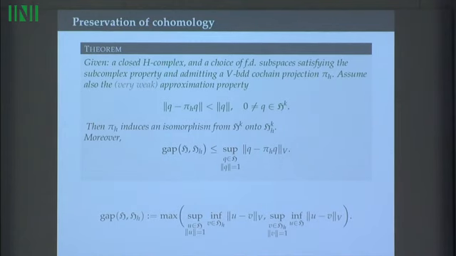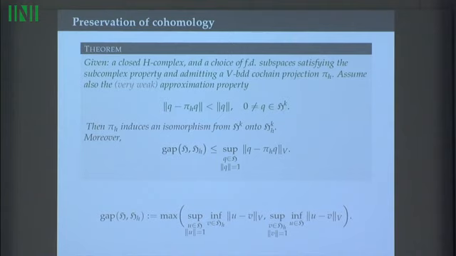Suppose you have a closed Hilbert complex and any choice of finite dimensional subspaces that satisfy the subcomplex property and admit a bounded cochain projection pi_h, those two key properties. Then we need a very, very weak approximation property that's essentially always satisfied. It says if you take a harmonic form, its best approximation, its projection, is closer to it than 0 would be.